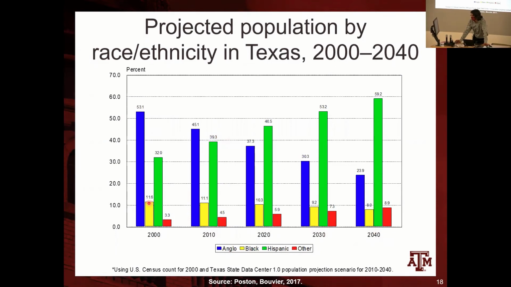The African-American population declined a little bit from 11.6 to 8%. And what's increasing is exactly the Hispanic population. They were almost a third in 2000 and are projected to be almost 60% by 2040. Okay? So that changes the whole race ethnicity composition of the state.